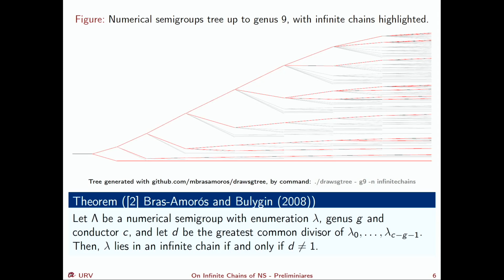So a numerical semigroup is in an infinite chain only if the GCD of the left elements is different from 1. Here again, we can see the tree up to genus 9.